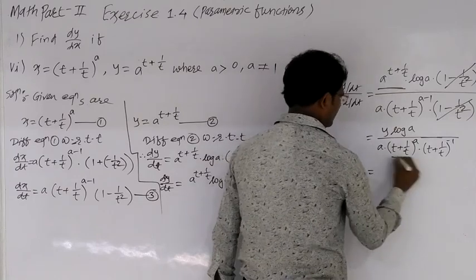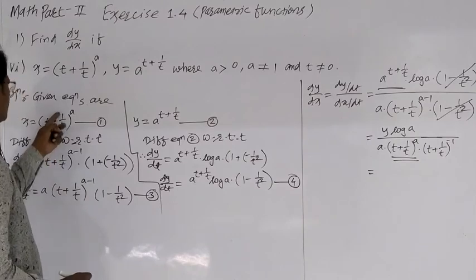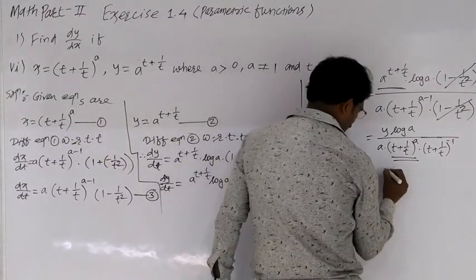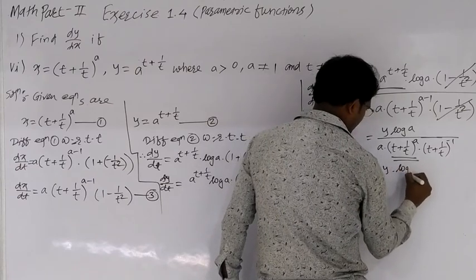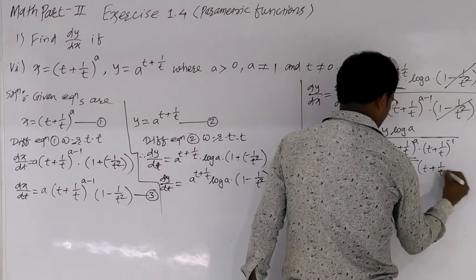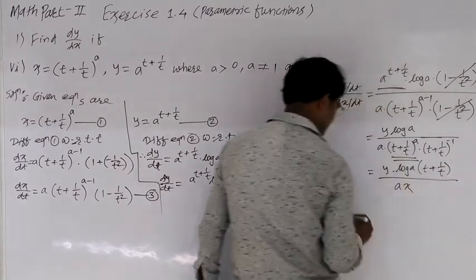So here from equation first we can write t plus 1 upon t raised to a as x. So y into log a multiplied by t plus 1 upon t divided by a into x.